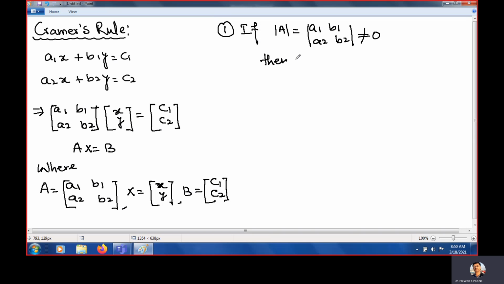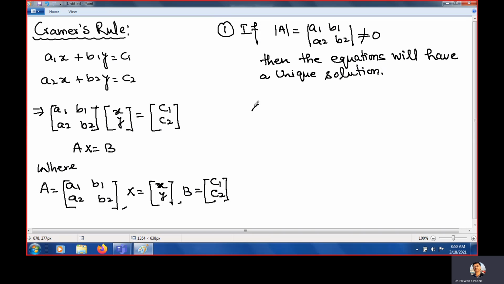Then the equations will have a unique solution. Unique means the value of x and y will be one only, one value. Unique solutions. Class. Clear?